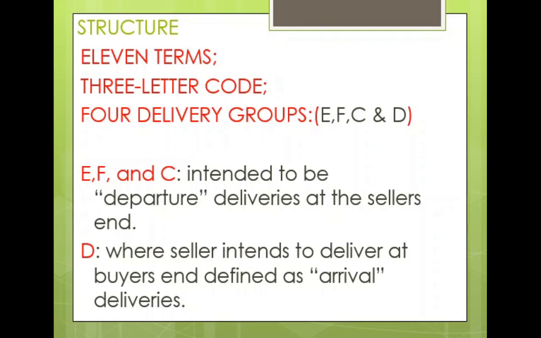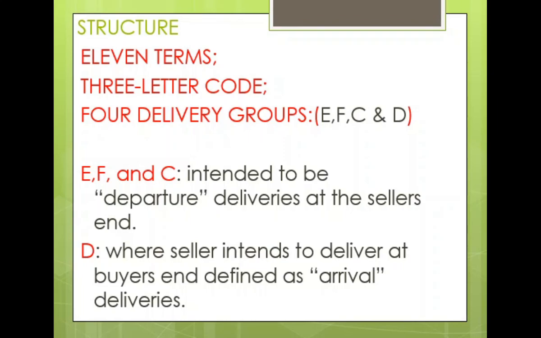E, F, and C are intended to be departure deliveries, and deliveries are done at the seller's end. For the D group, the seller intends to deliver at the buyer's end, which is also called the arrival deliveries.